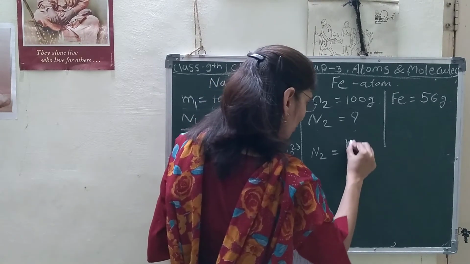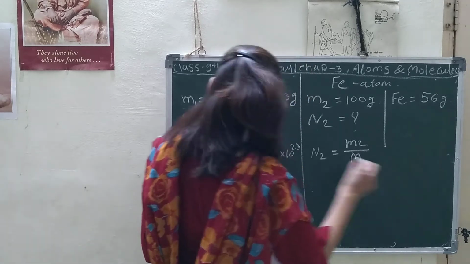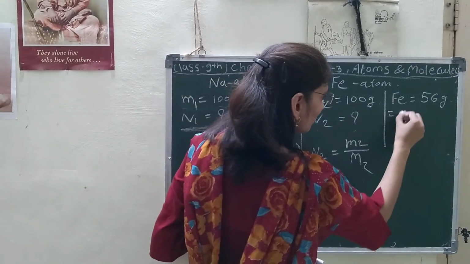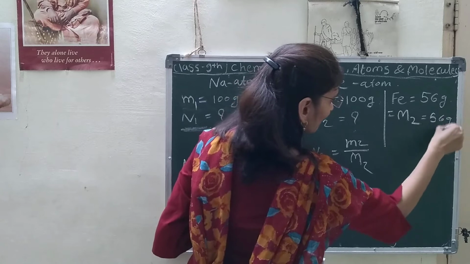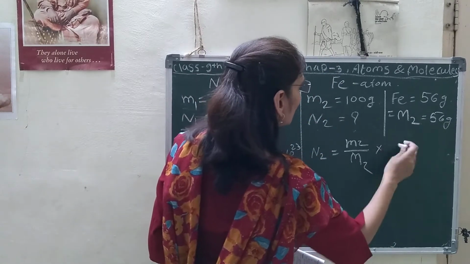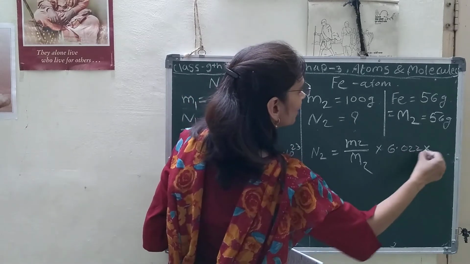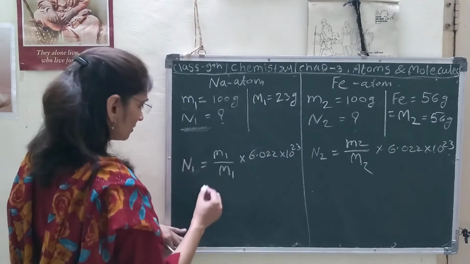Here M2 upon capital M2, capital M1 also. This is capital M1, this is equal to capital M2. Okay, 56 gram. Again, multiplied by Avogadro's number, that is 6.022 into 10 to the power 23. So put the values.